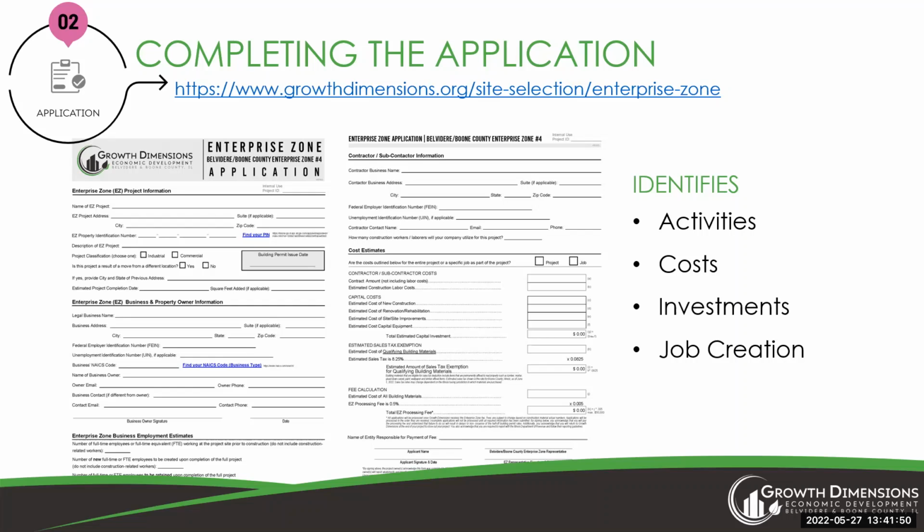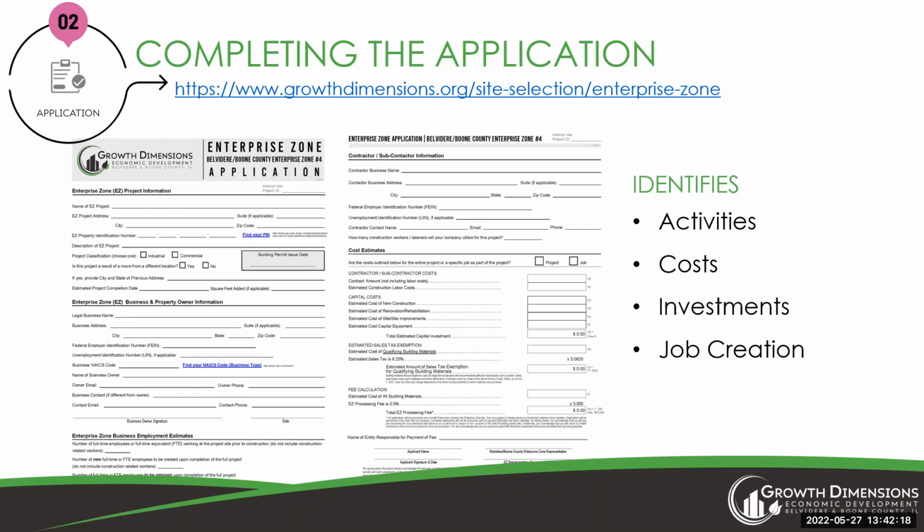This information is reported to the state of Illinois to track and maintain the benefits you receive as part of the Enterprise Zone. This information is also used at a local level to apply property tax abatements if eligible. The property owner is responsible for page 1. Each party, whether it be the property owner, contractor, or subcontractors, needs to fill out and sign page 2 separately.